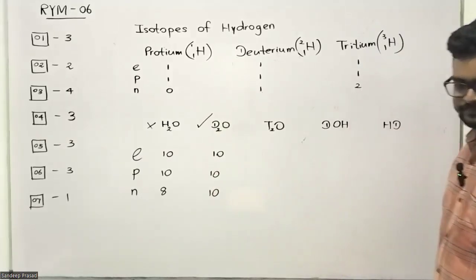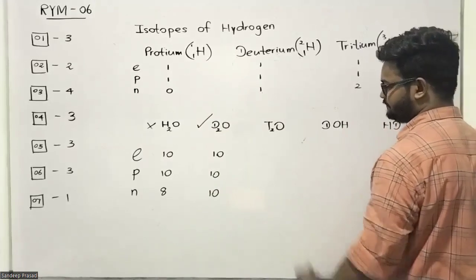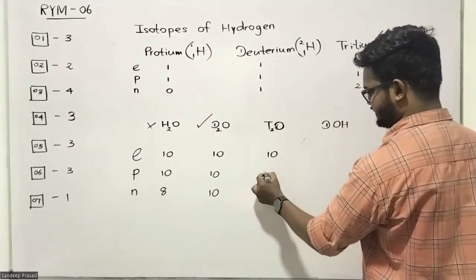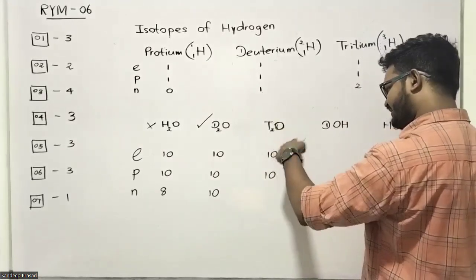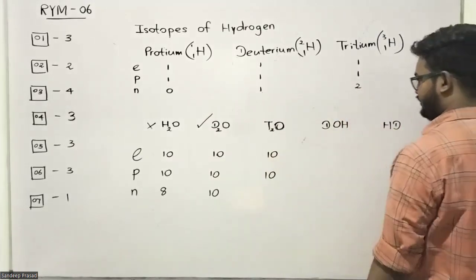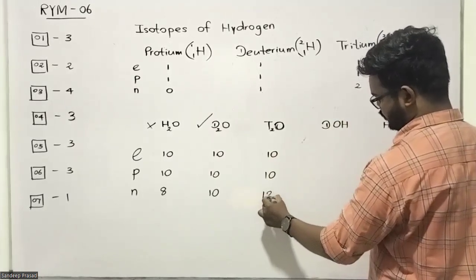This is the answer. But anyway, let's check these also. Tritium, T2O: electrons are the same, protons are the same. Then in tritium we have 2 extra neutrons each, so 4 plus 8 is 12.